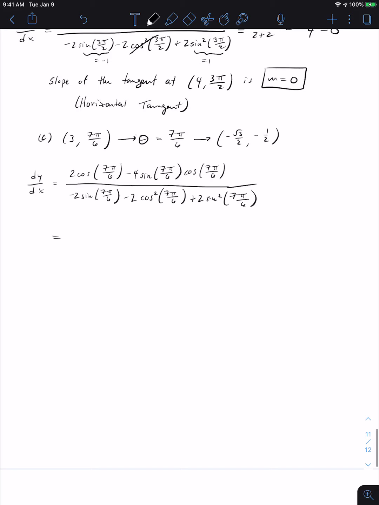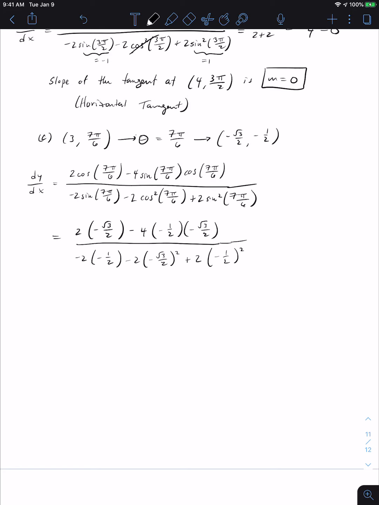All right, so cosine at 7 pi over 6 is negative radical 3 over 2. So I get 2 times negative radical 3 over 2, minus 4 times sine, which is negative 1/2, times cosine, which is negative radical 3 over 2. Then that's all over top of minus 2 times sine, which is minus 1/2, minus 2 times cosine, negative radical 3 over 2, squared, plus 2 times negative 1/2, squared.